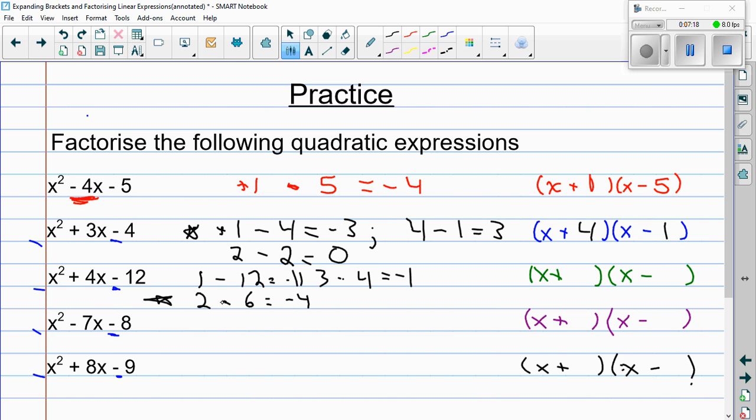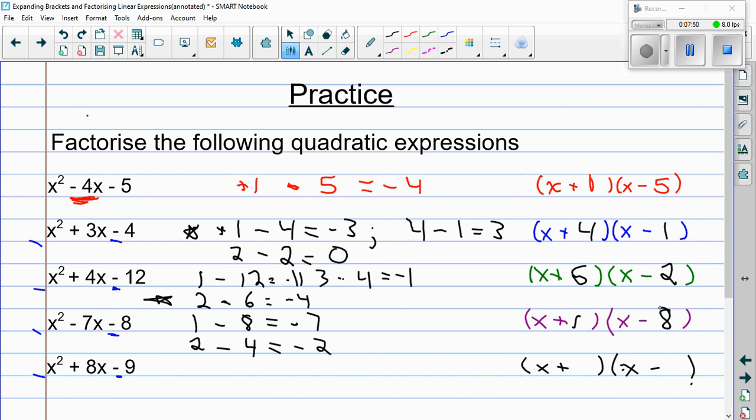We went +4, so we're going to go with the opposite, which is -2 and +6. Going on to number 4, well, factor pairs of 8 are 1 and 8, 2 and 4, subtract them, we get -7 and -2. Well, we wanted -7, so we're going to leave that. We're going to have +1 and -8 in our brackets.